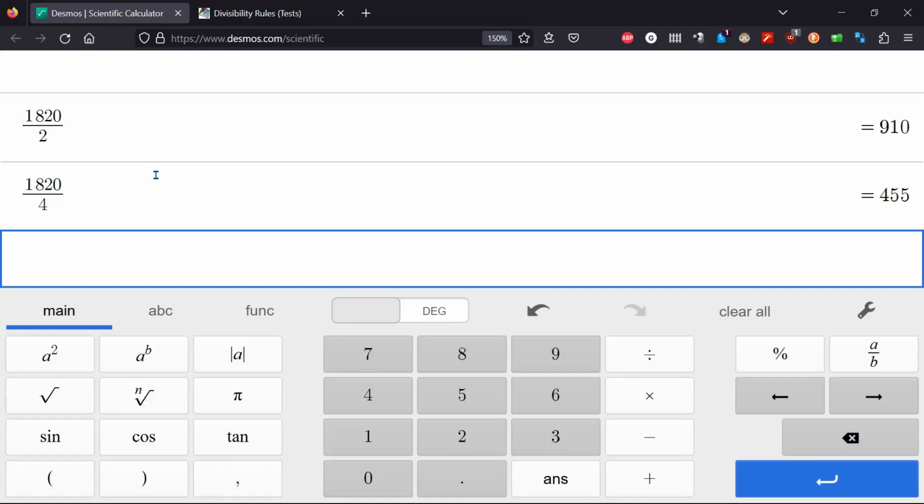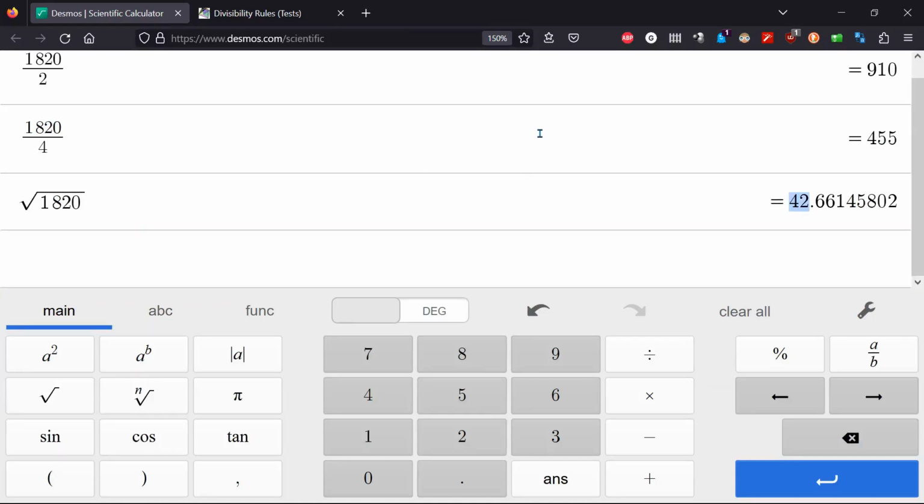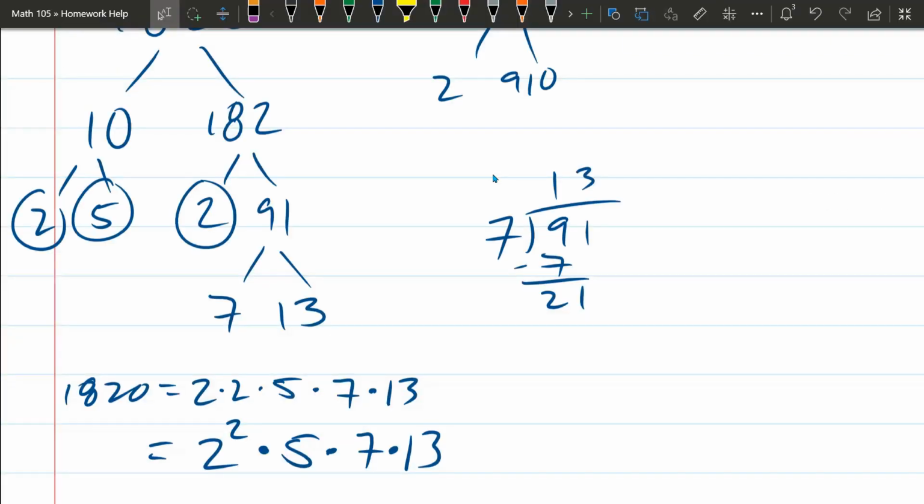Now the square root of 1820, oops. You won't need to go past the number 42. However, if you built your factor tree, when you get down to primes, you're done. So you don't need to test any other numbers as long as you factored it all the way down to primes here.